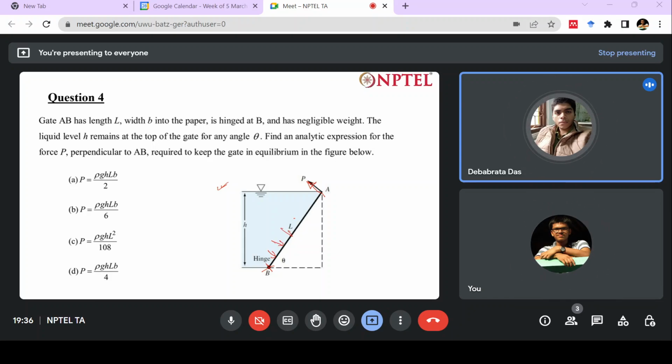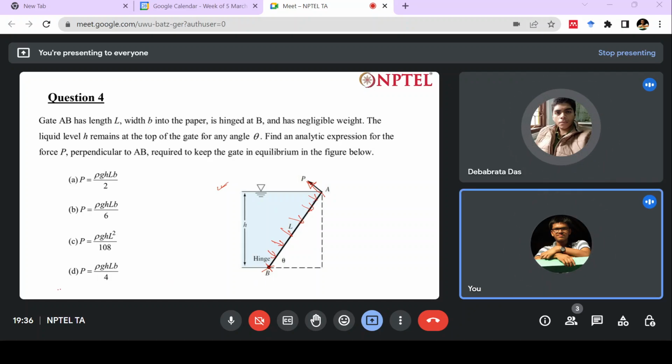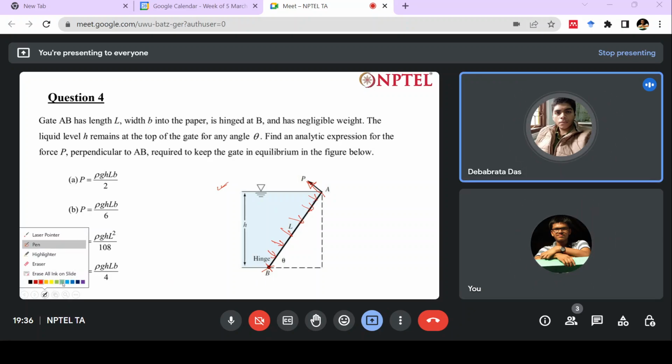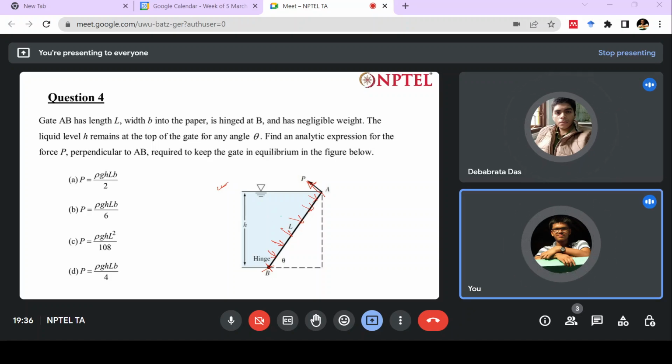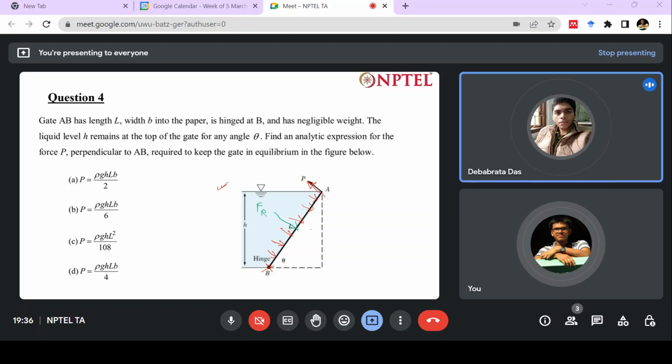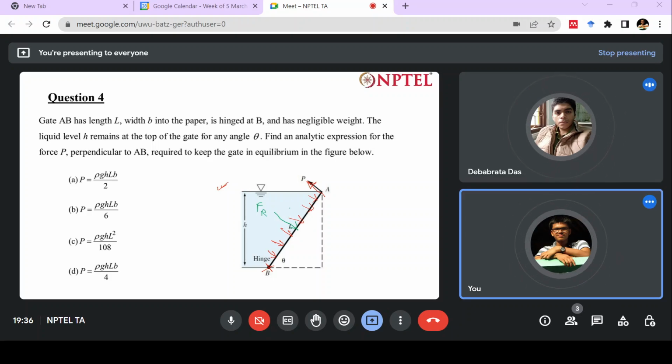Pressure on this gate, and whatever the pressure, there will be a resultant force due to this pressure acting on a very specific point, which is the center of pressure, as we have previously discussed. So there will be some resultant force, let's say Fr, acting due to the pressure of the water.